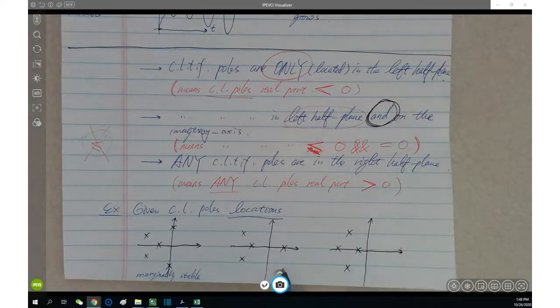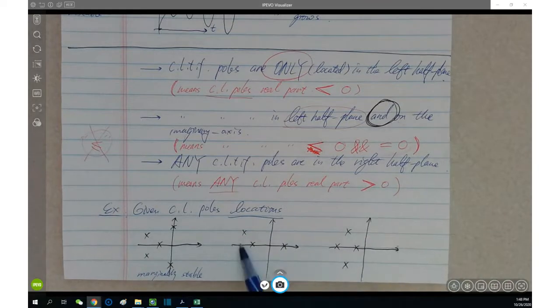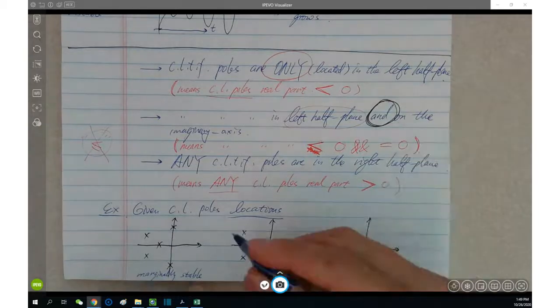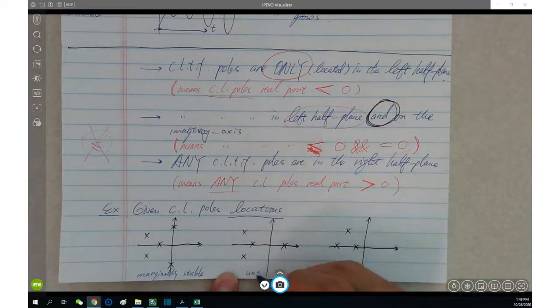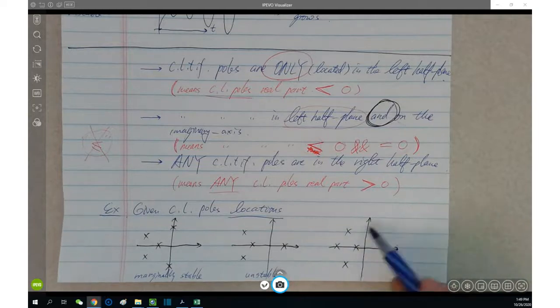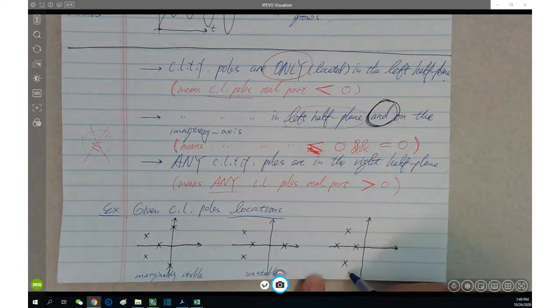Second one, here. What is it? That's unstable. Good. There we go. Unstable. Good. Last one. What is it? Stable, right? Stable.